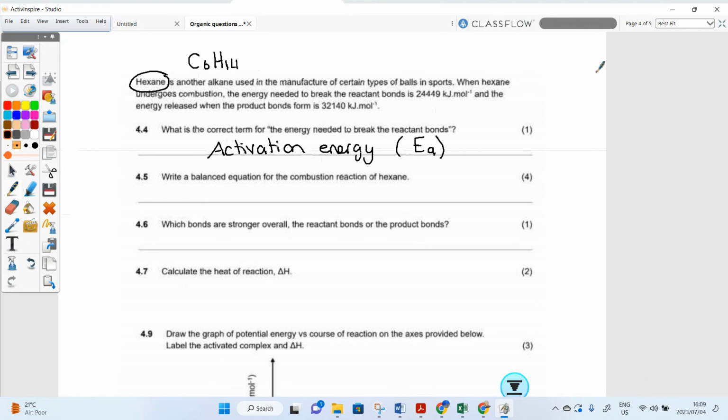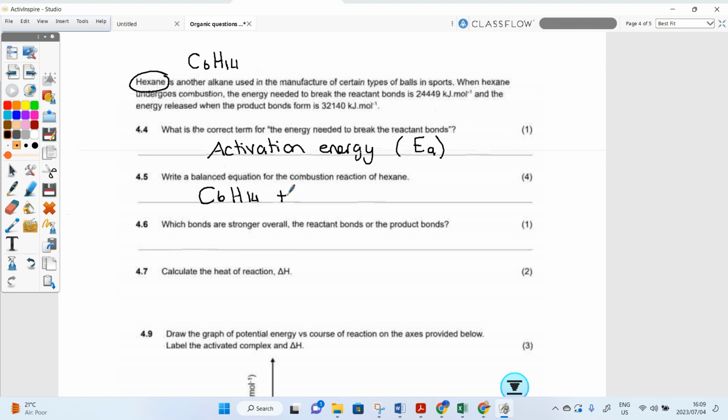Activation energy, energy and chemical change. Write a balanced equation for the combustion of hexane. Hexane is C6H14.